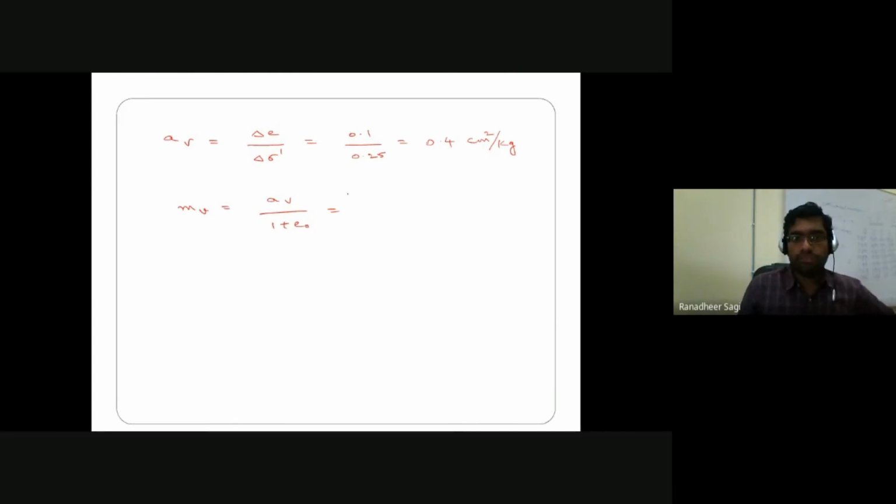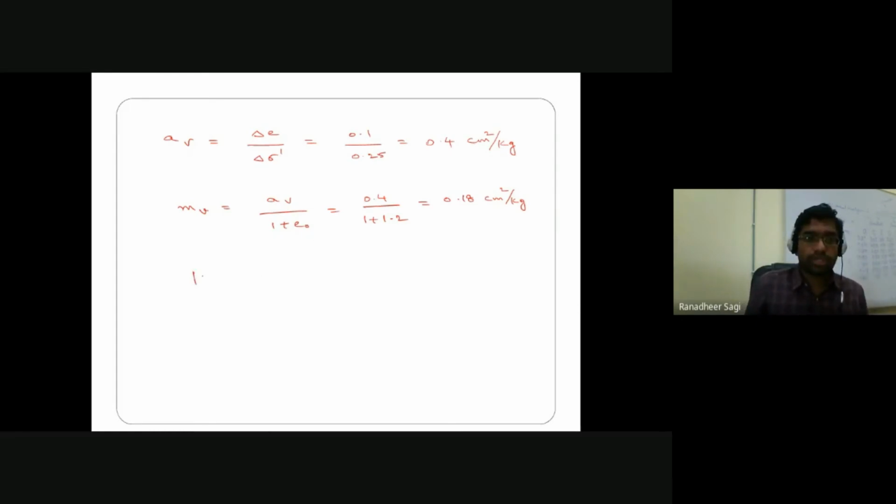Okay, MV is 0.4 divided by 1 plus the initial void ratio in the soil sample, which was 1.2, so 0.18 centimeter square per kg. Okay, because AV has these units and the denominator 1 plus E naught is a void ratio, which does not have any unit.